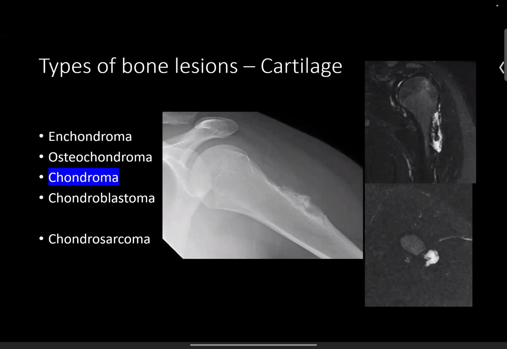How common or uncommon are skip lesions in osteosarcoma in your experience? Not that common. I think the literature says something like 10% or 12%. It is something we always worry about. But most of the cases we see, in my anecdotal experience, probably don't have skip lesions.